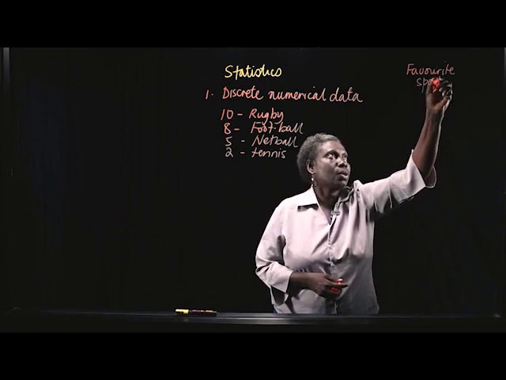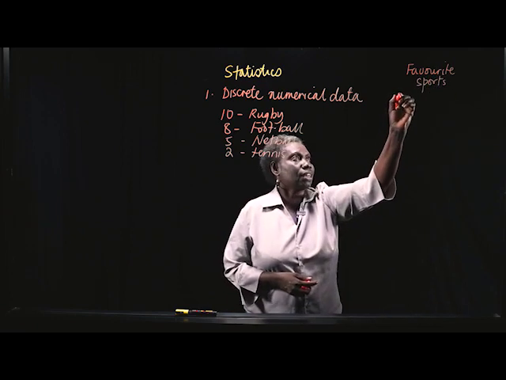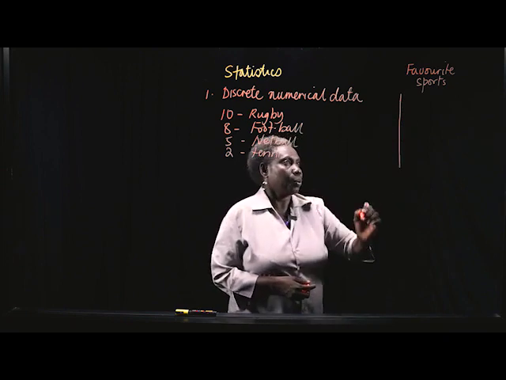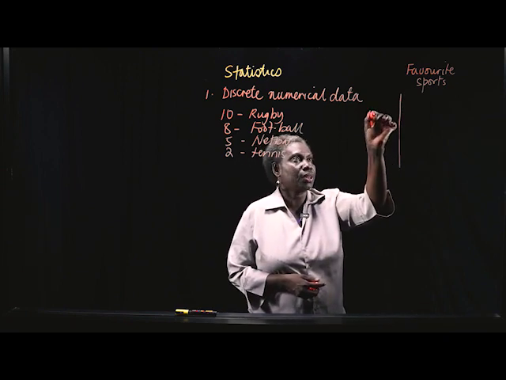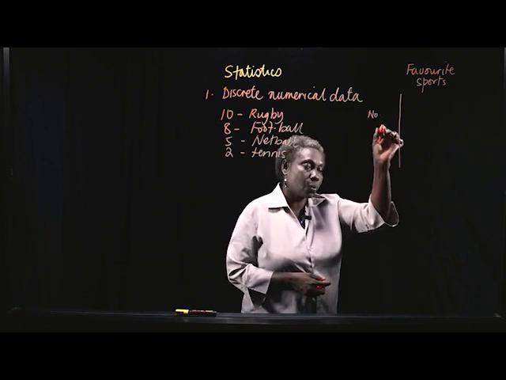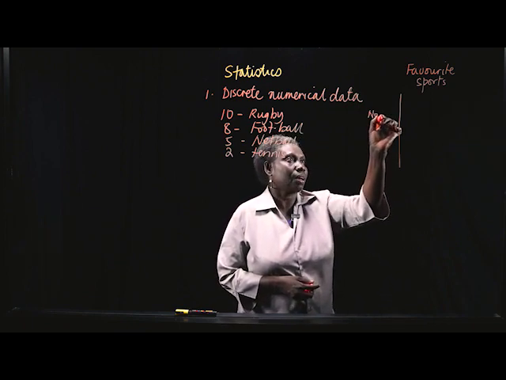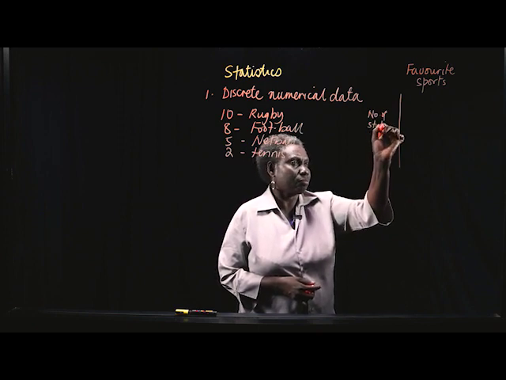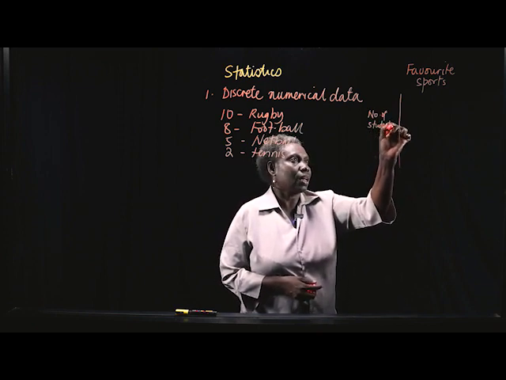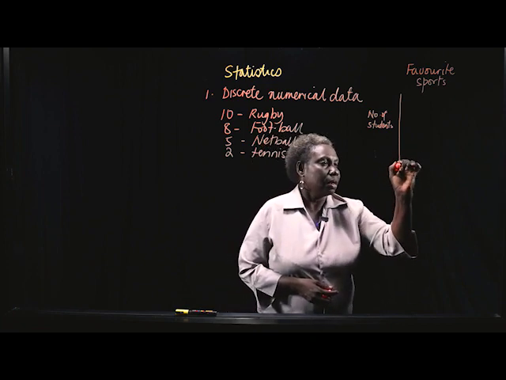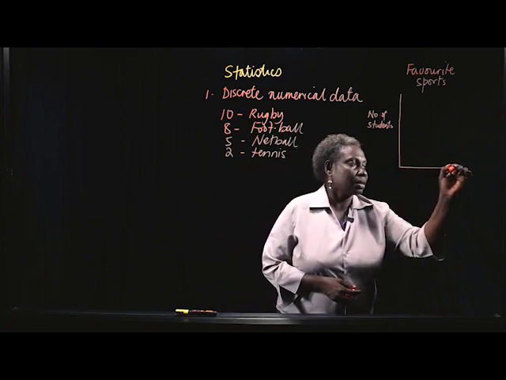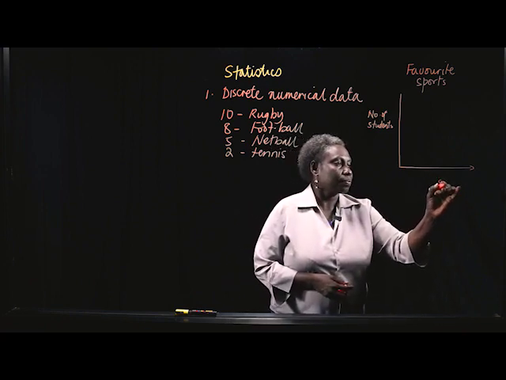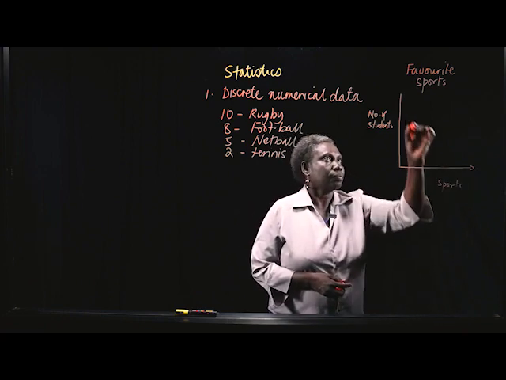Usually on the vertical axis, we put the number of students, or we say frequency. So we have number of students on the vertical axis, and on the horizontal axis, we have the sports.